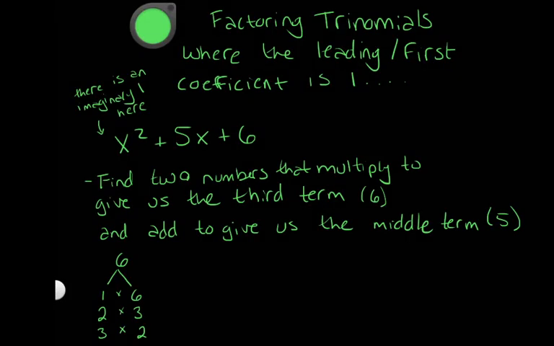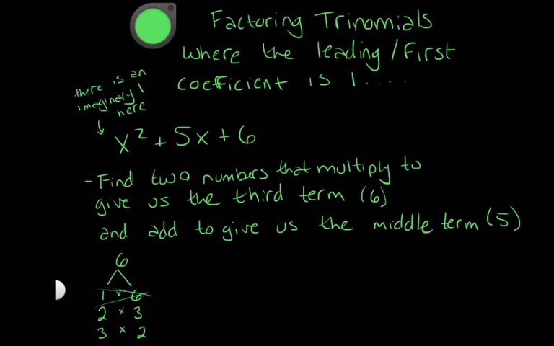Technical difficulties, ladies and gentlemen. All right. If I multiply 1 times 6, yes, I get 6. But I need these terms to also add to give me the middle term. So 1 plus 6 is 7. So this one doesn't work.